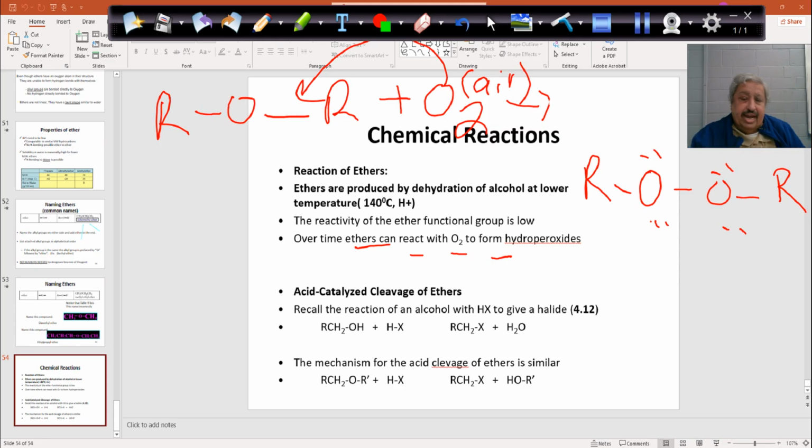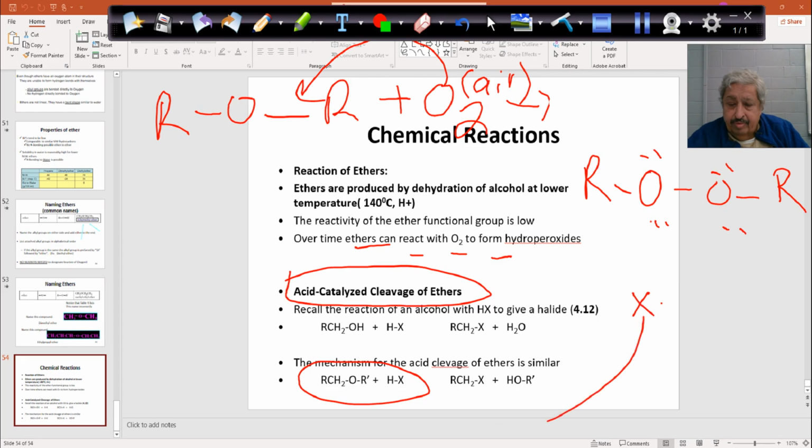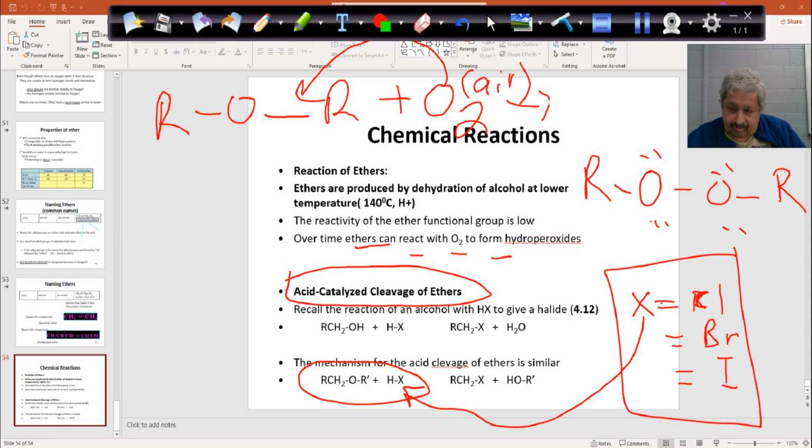So the main reaction of ethers is with hydrogen halides. X can be chlorine first, can be bromine, can be iodine. Not fluorine, because those are the strong acids; HF is a weak acid.